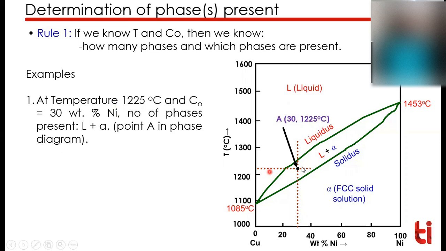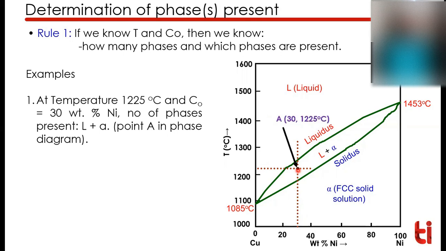This point falls at the intersection of this isotherm and this vertical line, where the cross section is. This point falls in the two phase region. It means at 1225 degrees Celsius you will be in the two phase region, a mixture of solid and liquid.